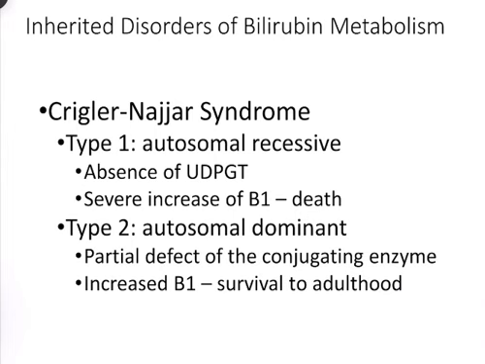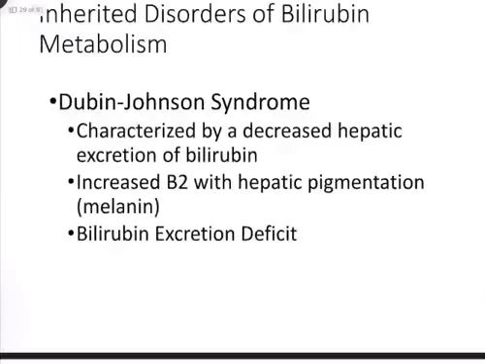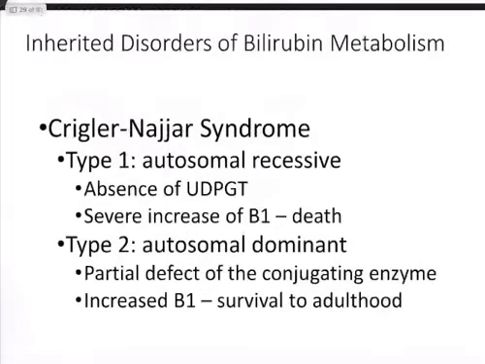Type 2 is autosomal dominant, with a partial defect of the conjugating enzyme. So what is the problem here? You have the enzyme, but this enzyme is defective. Unlike type 1, where you don't have the enzyme at all. Increased B1, but survival to adulthood is possible, because you have an enzyme, but some of them are defective. That is why survival is possible in type 2.